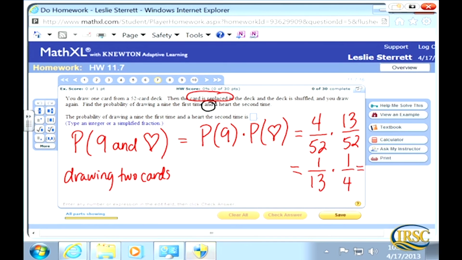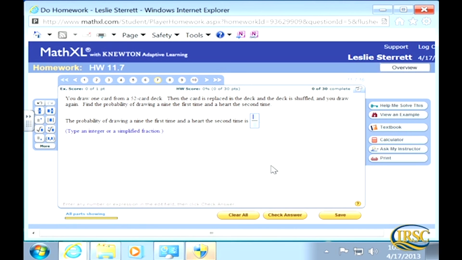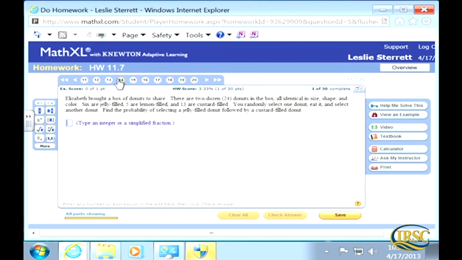So now just multiply them together and you get 1 over 52. Okay, so our probability of getting a 9 the first time and a heart the second time is 1 over 52. Nice work.